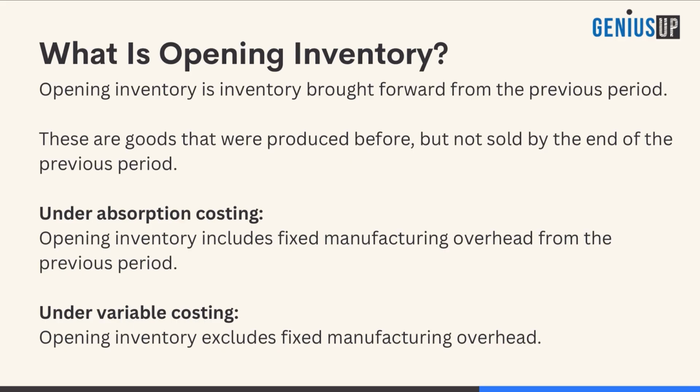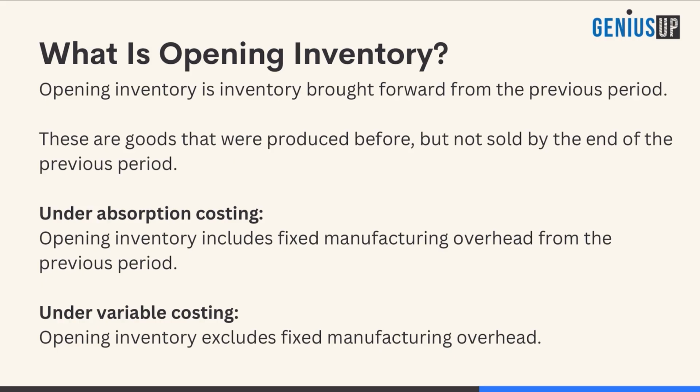Under absorption costing, this opening inventory includes fixed manufacturing overheads from the previous period, because we allocate fixed manufacturing overheads to the products. However, under variable costing, opening inventory excludes fixed manufacturing overheads, because we expense them fully in the period that we incur them, which is last year.